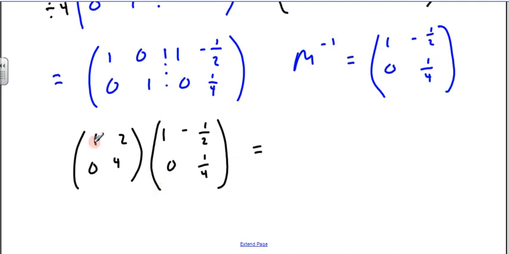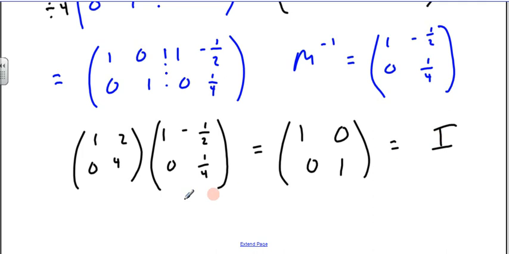So first row, first column gives me a 1. First row, second column gives me a 0. Second row, first column gives me a 0. Second row, second column gives me a 1. So I have the identity matrix, so that's good.